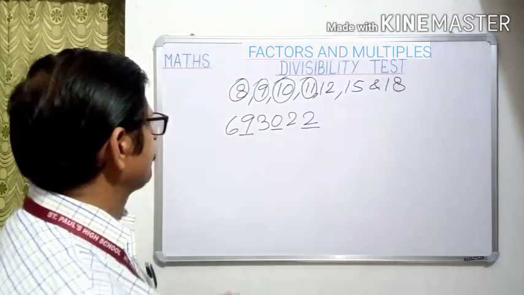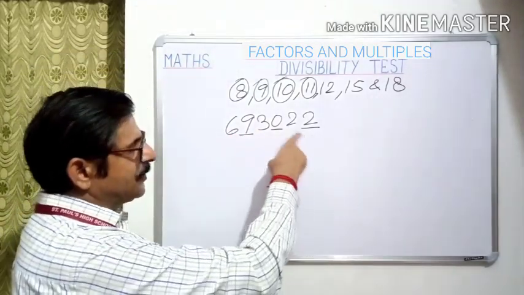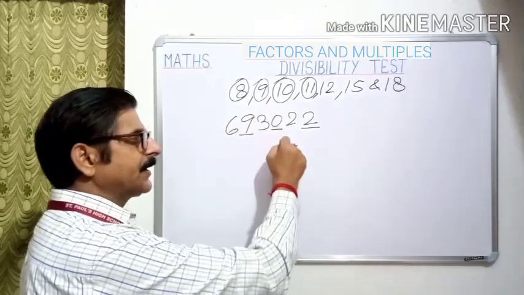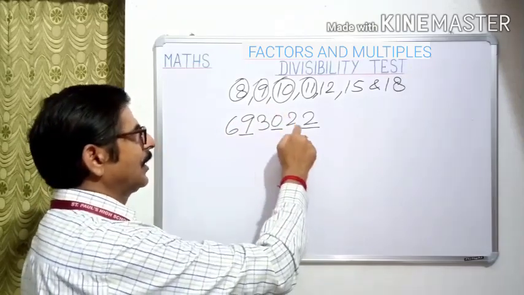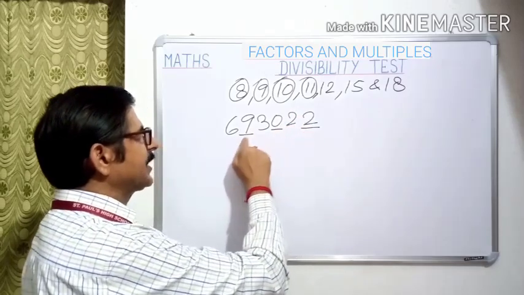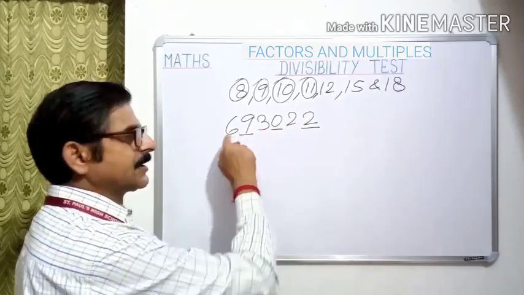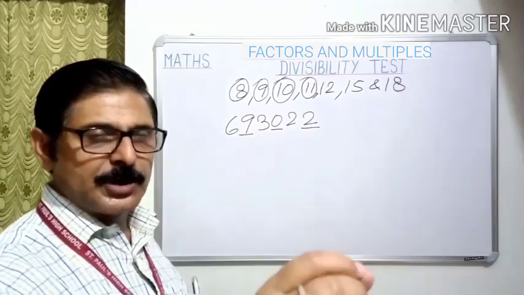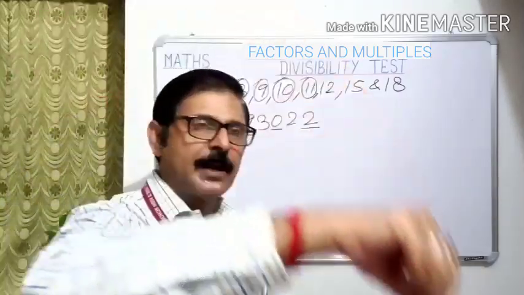Let me repeat it. A number is divisible by 11 if the difference of the sums of its digits at odd places and even places is either 0 or divisible by 11.